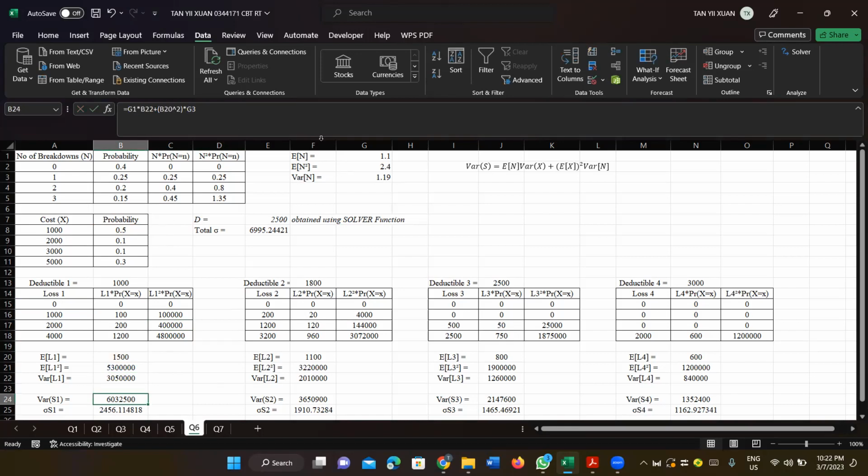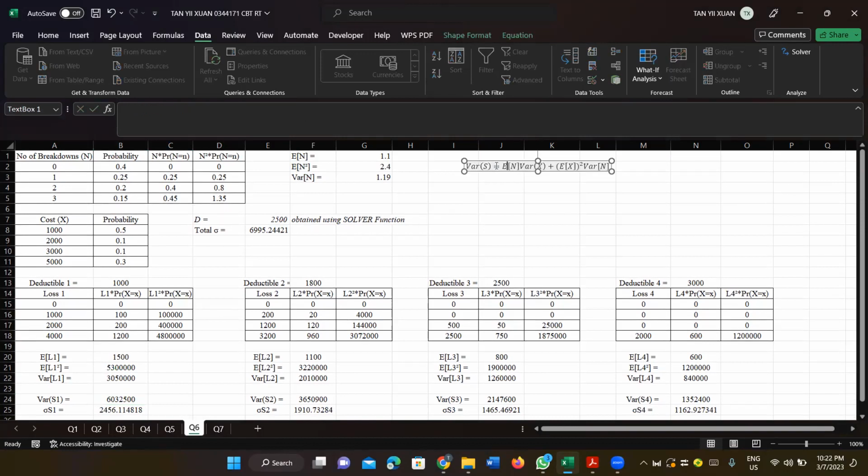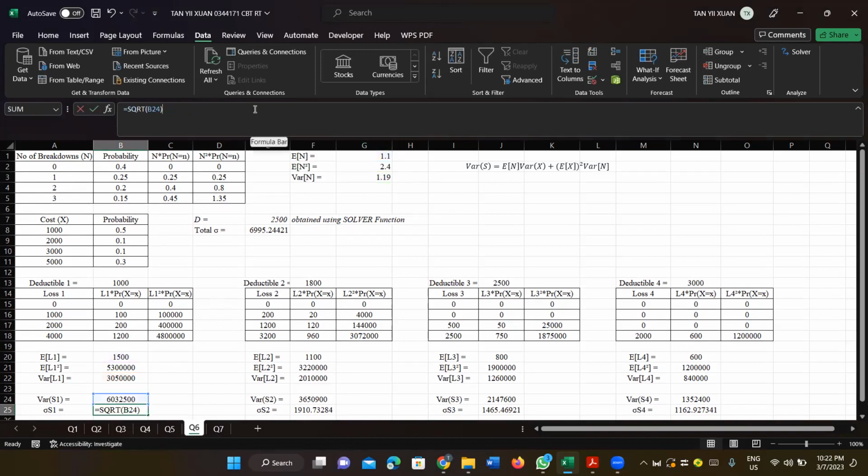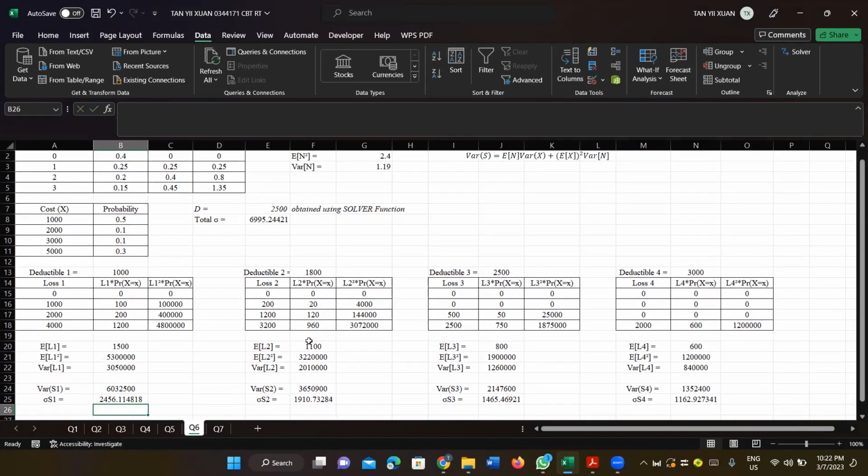The variance of the aggregate losses is calculated using this formula: the expected value of N times the variance of X, plus the expected value of X squared times the variance of N. And of course, the standard deviation of the aggregate losses is the square root of the variance.